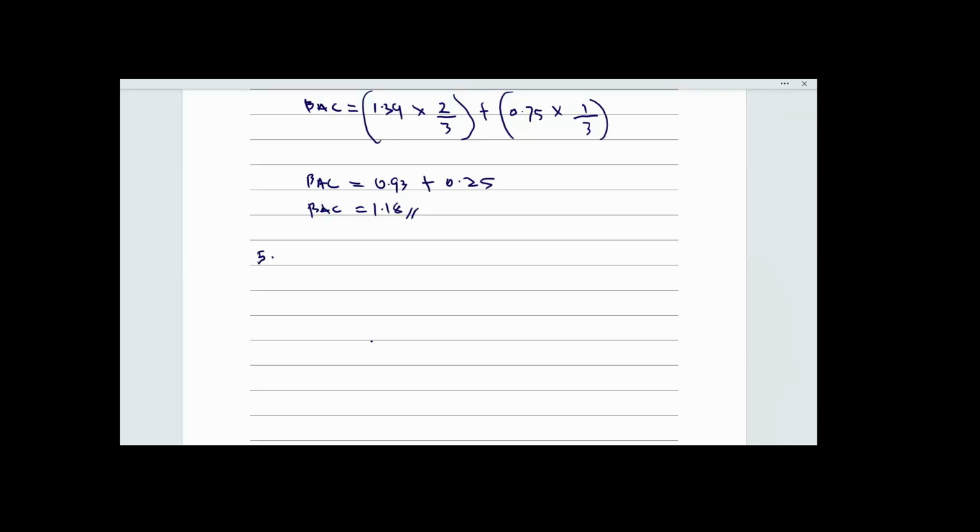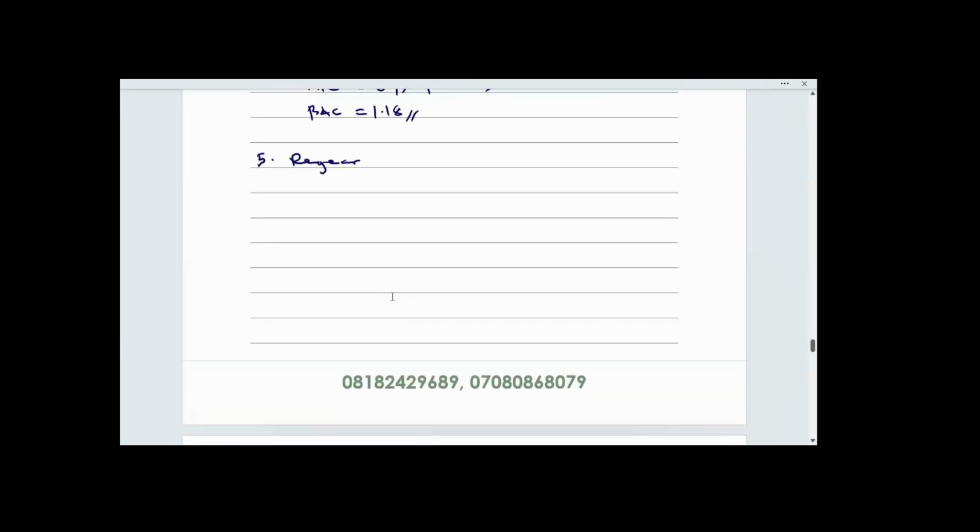So in step 5, you want to regear to incorporate the financial risk of Colombia. In this case, the formula you are going to use to regear will depend on whether debt beta is given or debt beta is assumed to be risk-free. According to the question, we are told that debt beta is risk-free.